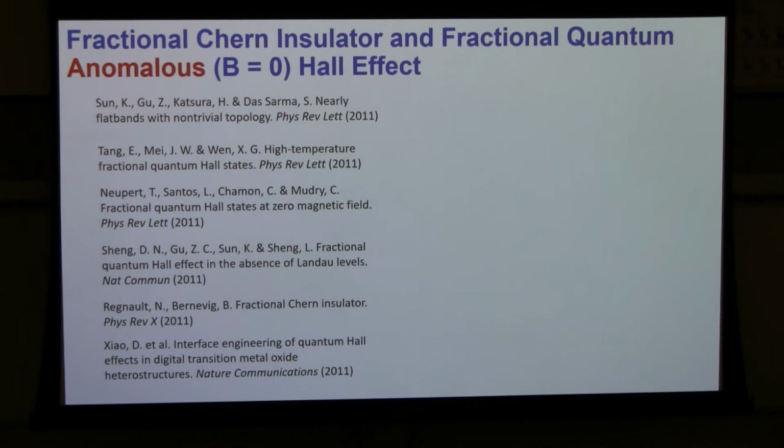And indeed, there was a lot of thinking by theorists, not specifically any material system, but in general, just to think about what it takes to get a fractional quantum Hall effect, or the state called fractional Chern insulator, right? Just corresponding to the integer Chern insulator at 0 magnetic field.